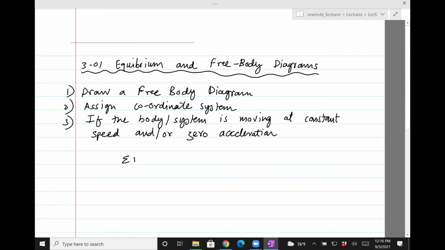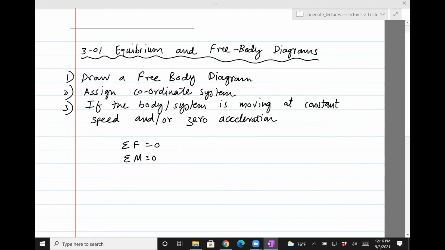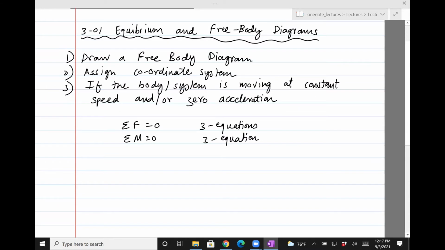The sum of the forces is zero. The sum of the moments is zero. So that's usually 3 equations for forces in 3D, and 3 equations in 3D for the moments, so there are 6 equations. And you can use those equations to solve for unknowns.